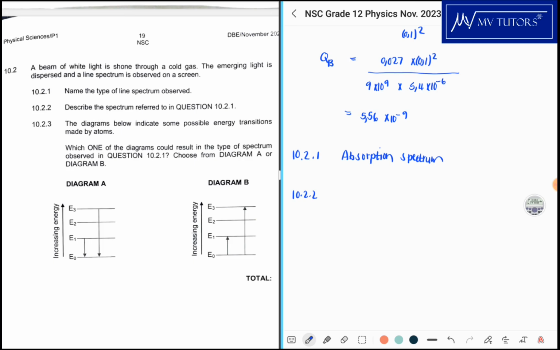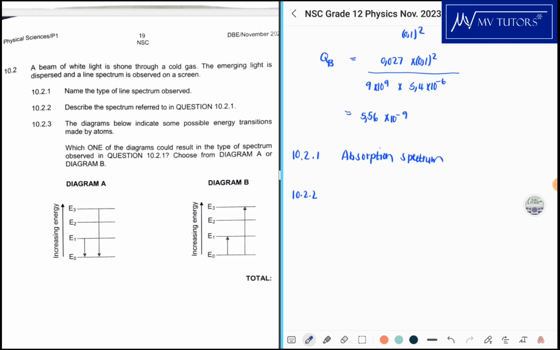Okay, so with the absorption spectrum, like they said in the introduction, you have a white light that passes through cold gas, and the energy of some frequencies of light is absorbed by the electrons in the gas.